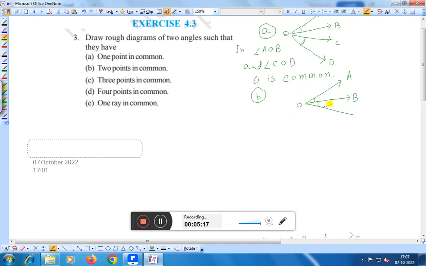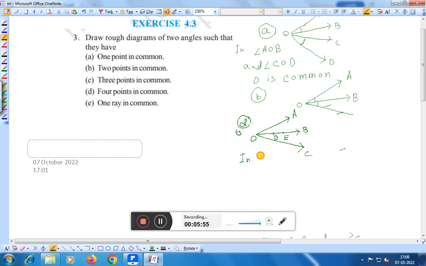In this figure, this is one figure and this is another figure. That is capital A, this point is O, this is B, this is C. Next, we will take another point, D point and E point.